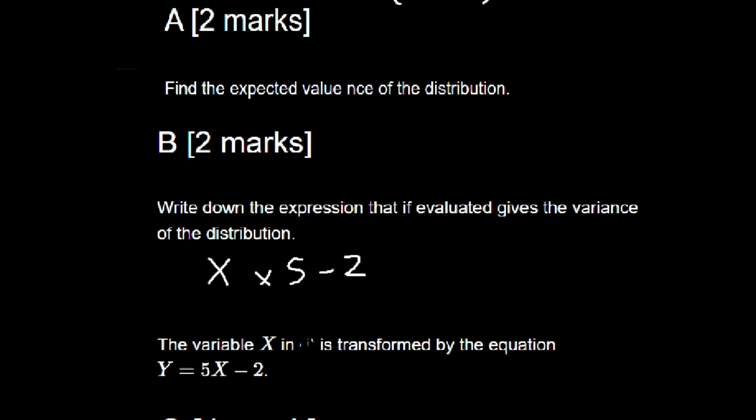So what's super important, okay, is that we use this equation here. So we're trying to find our variance of x, right? And that is equal to E of x squared minus the square of E of x.